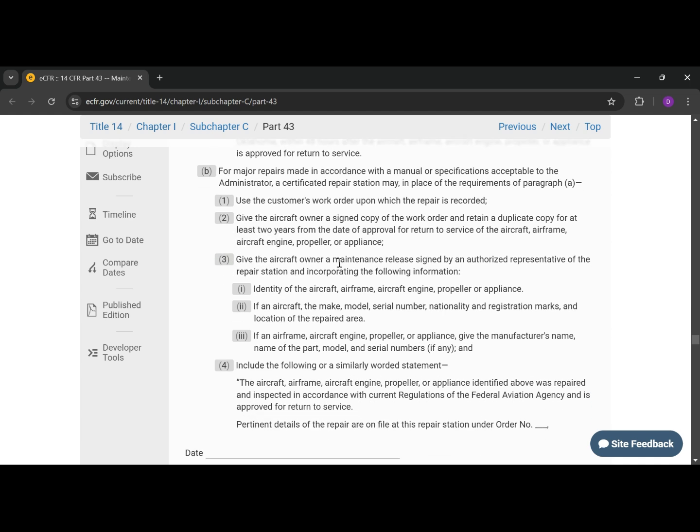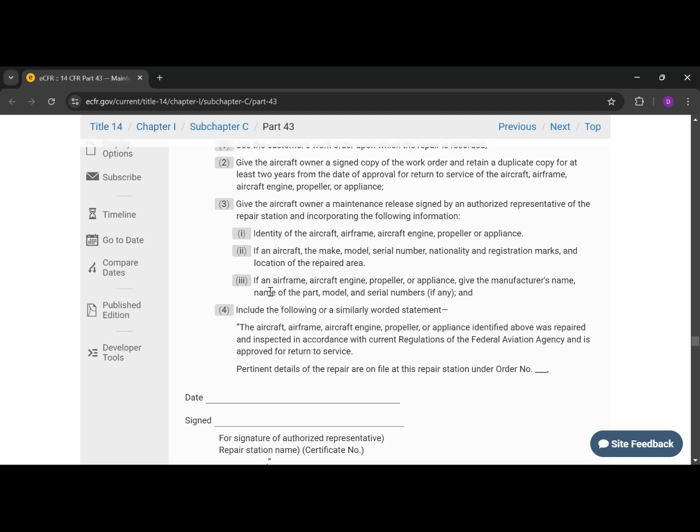Give the aircraft owner a maintenance release signed by an authorized representative of the repair station and incorporating the following information: identity of the aircraft, airframe, aircraft engine, propeller, or appliance. If an aircraft, the make, model, serial number, nationality, and registration marks, and location of the repaired area.